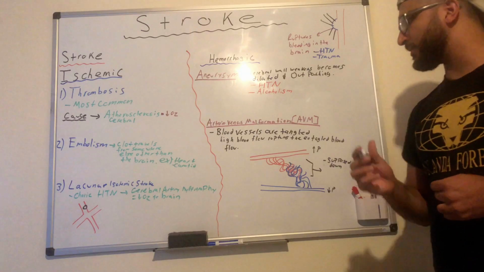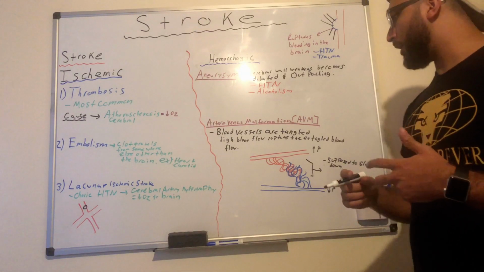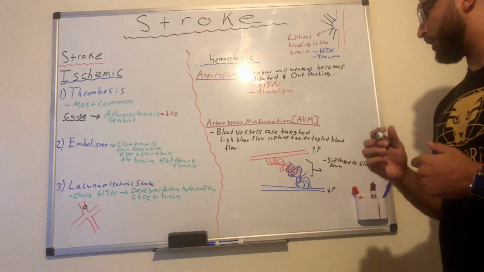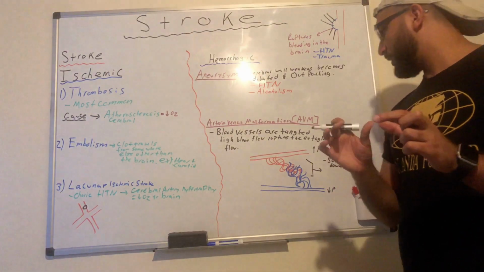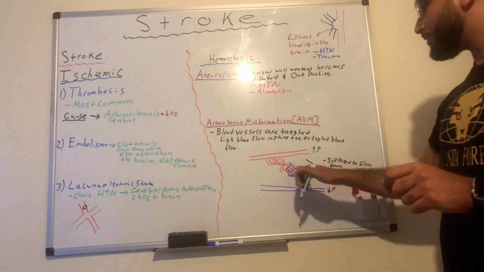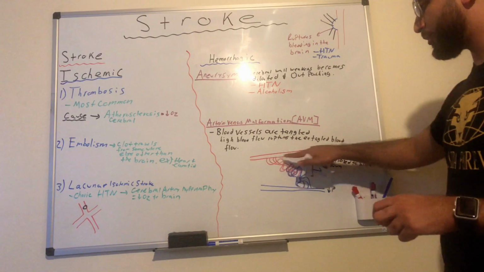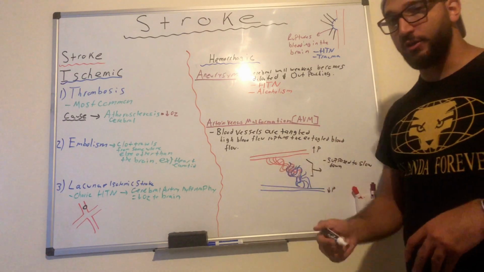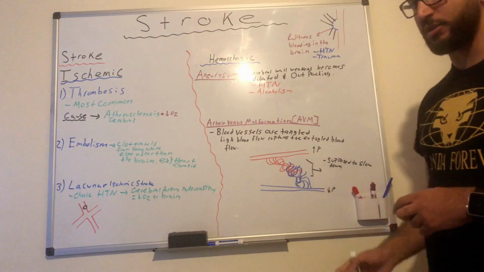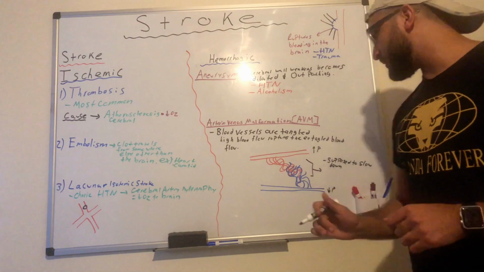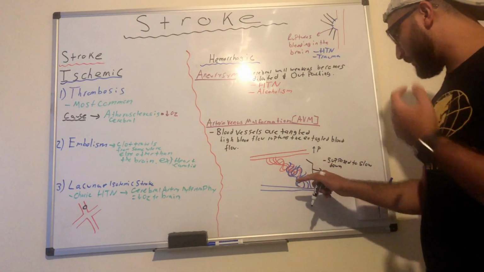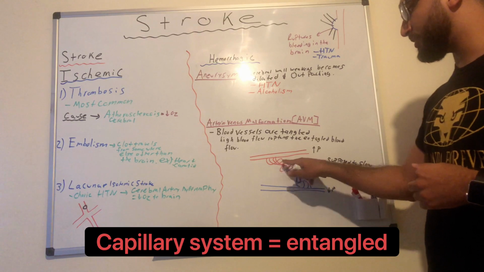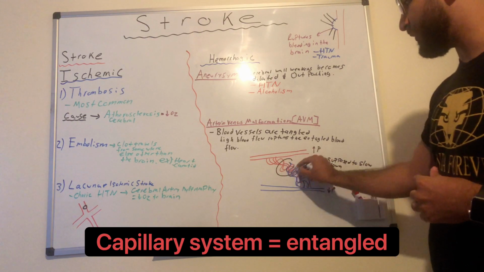The second type of hemorrhagic stroke is an arteriovenous malformation, also known as an AVM. What's happening here is that blood vessels are tangled, and the high blood flow is going to rupture the entanglement. So here are our arteries, here are our veins. Arteries are considered to be highly pressurized, veins are considered to be low pressurized. There's going to be an entanglement in this area over here.